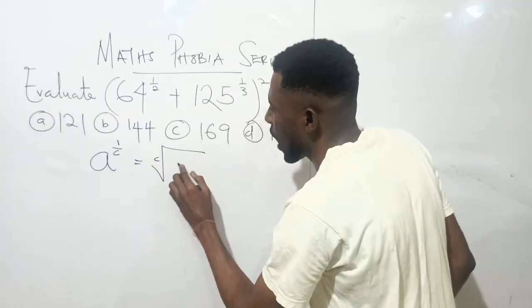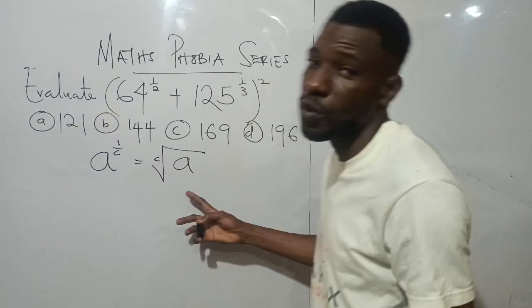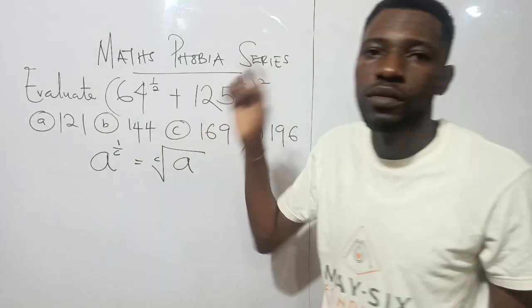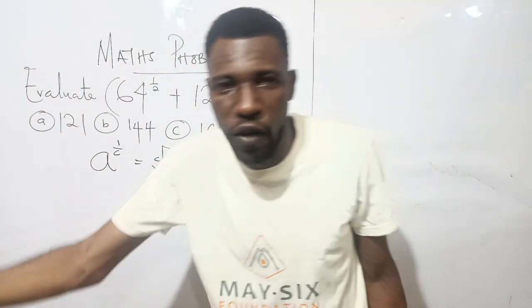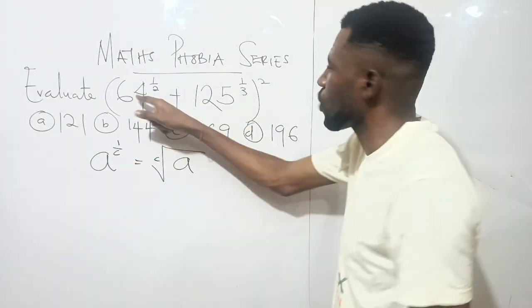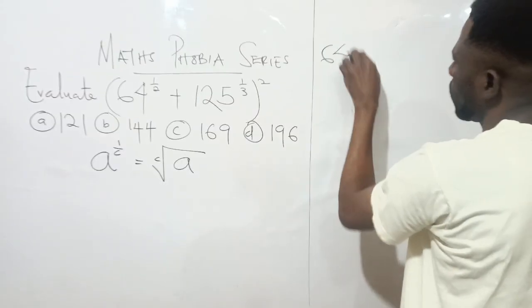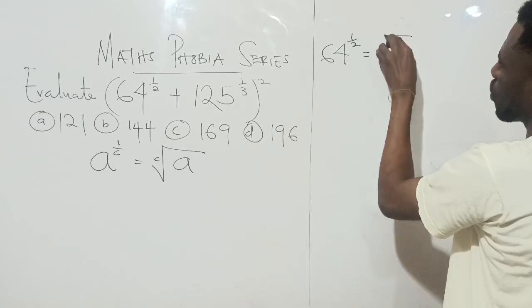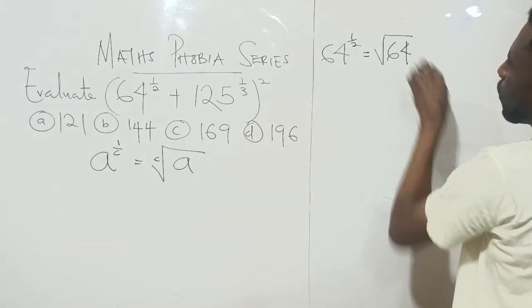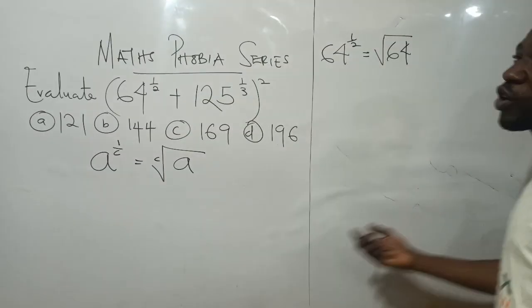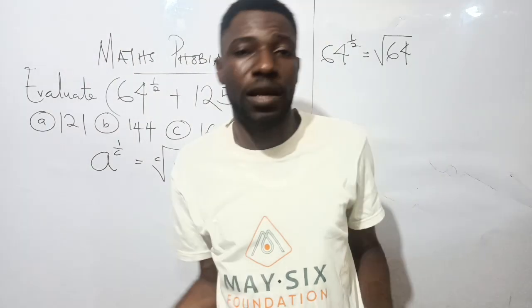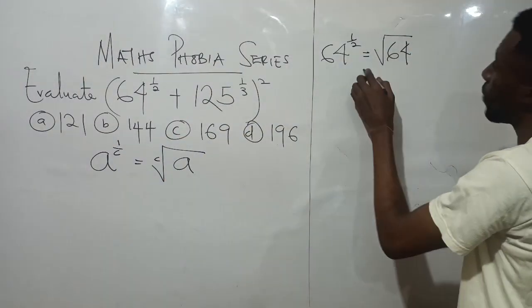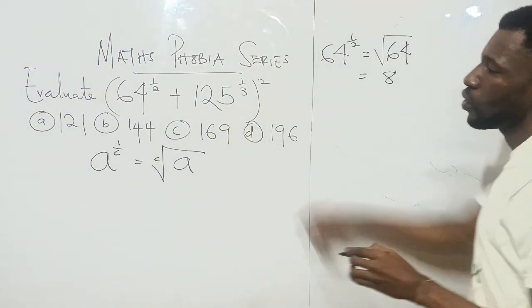So C can be 2, the square root, or 3, the cube root of that number. In this case we have 64 to the half. That tells us the square root of 64, a number you multiply by itself 2 times that will give you 64. That number is 8.